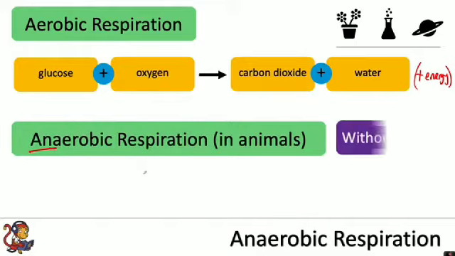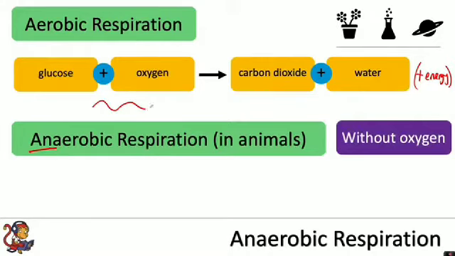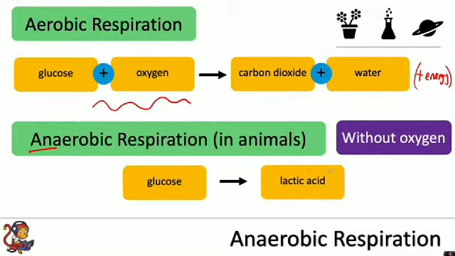So we start off with just glucose, and this time it's not reacting with oxygen, so it makes different products. This time glucose makes lactic acid. Also with anaerobic respiration you will also have energy released, which we can write in brackets at the end.